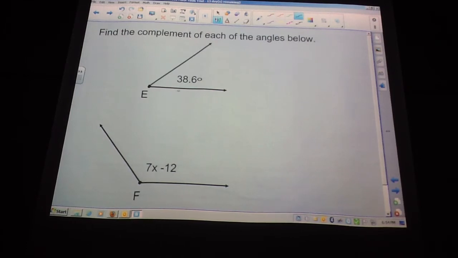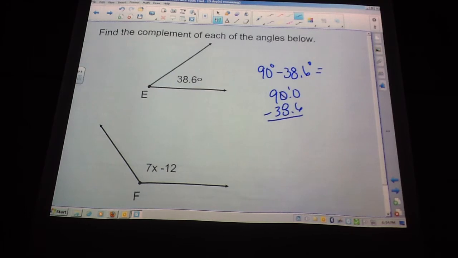So to find the complement, we take the 90 degrees, which is our total, minus our part, and we'll get the other part. So let's take 90 minus 38.6, and we will get 51.4 for the complement of 38.6.